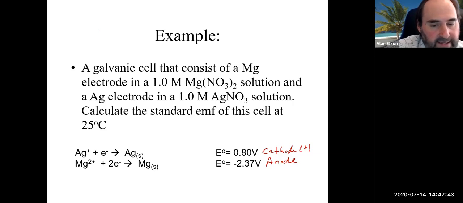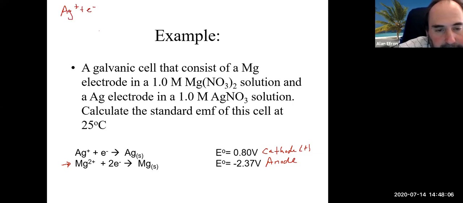So although it didn't, again, technically ask you to write a balanced equation or anything like that, technically speaking here, if we were to reverse it, this is the one that should be reversed, which means that we would have the silver with its E value from the table of 0.8 volts.